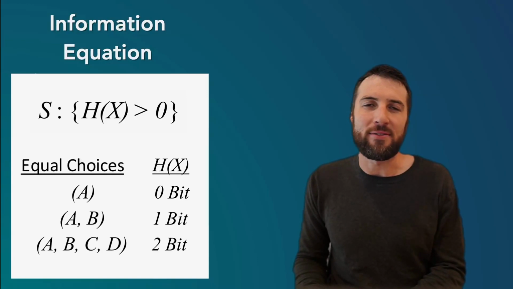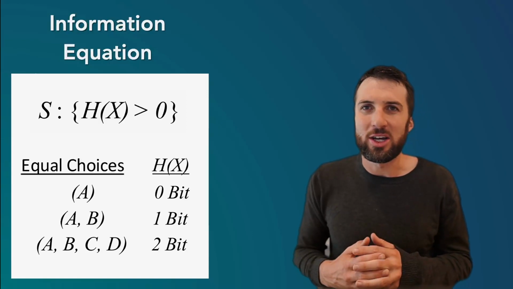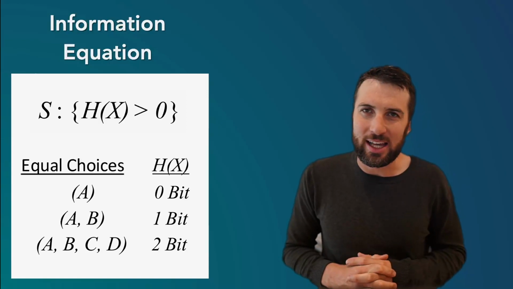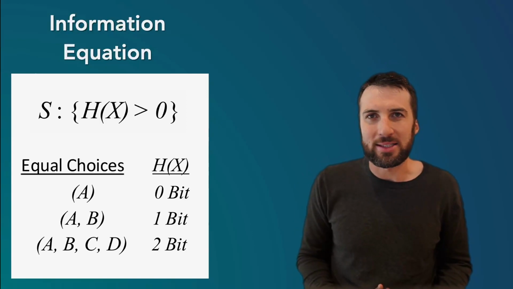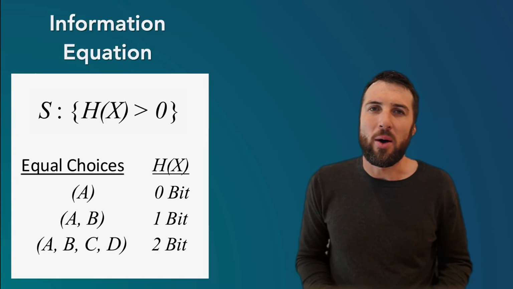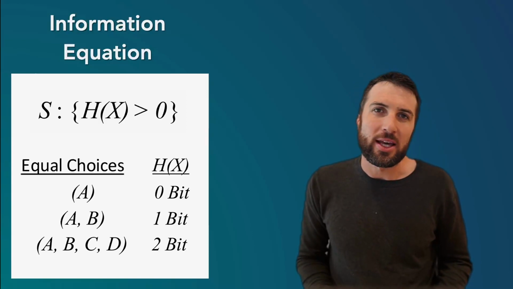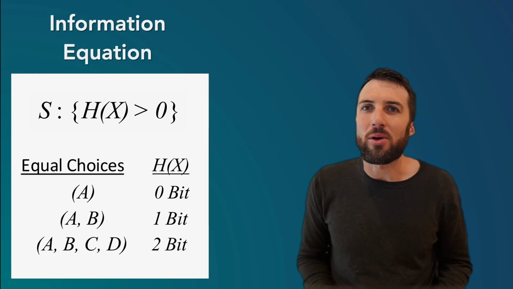For example, if there's just an equal choice and it's just A, then you know 100% of the time you're going to get A. So there's no surprising attribute provided by that message. So that would actually have 0 bits of data. However, if the message can be A or B, and the message is A or B, then it would provide 1 bit of data. Essentially, it's more surprising information.